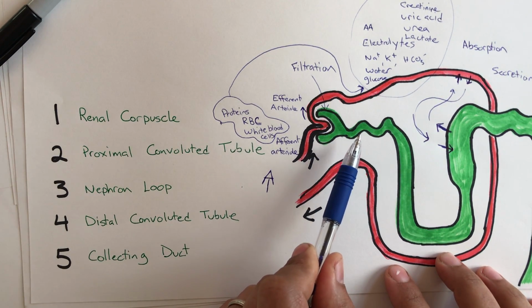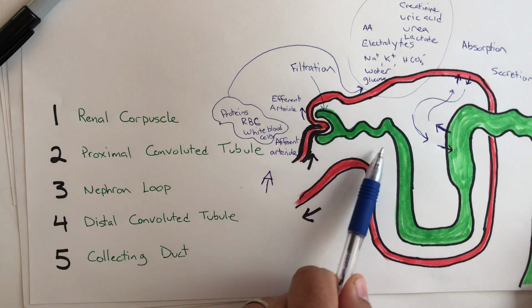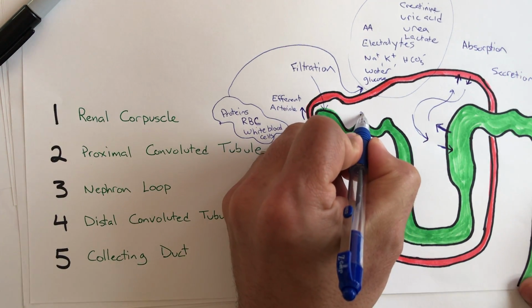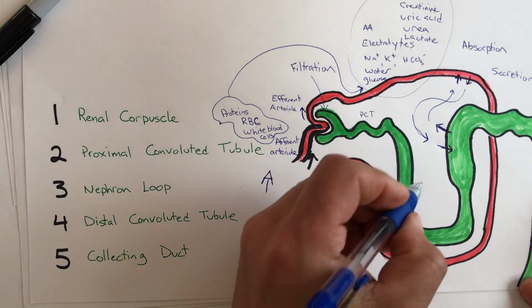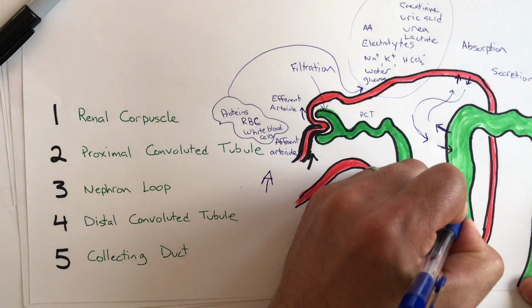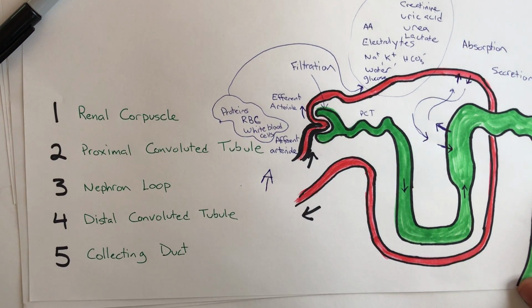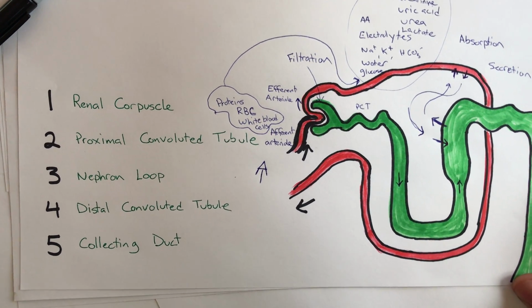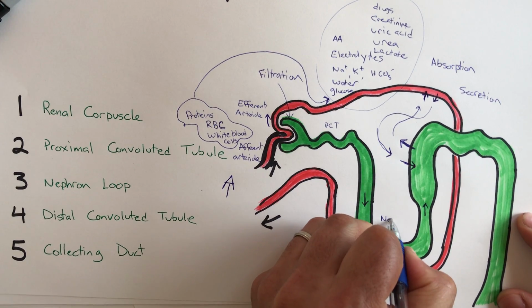Convoluted means it goes in and out, there's lots of folds, it's not straight. That's the PCT. We have the nephron loop, and remember, we have the descending nephron loop and the ascending nephron loop. So there's 2 parts of the nephron loop.